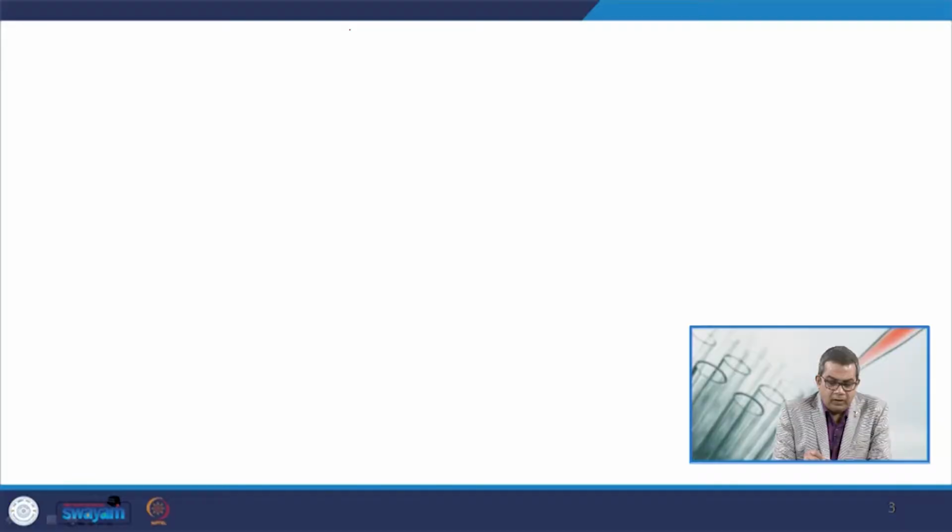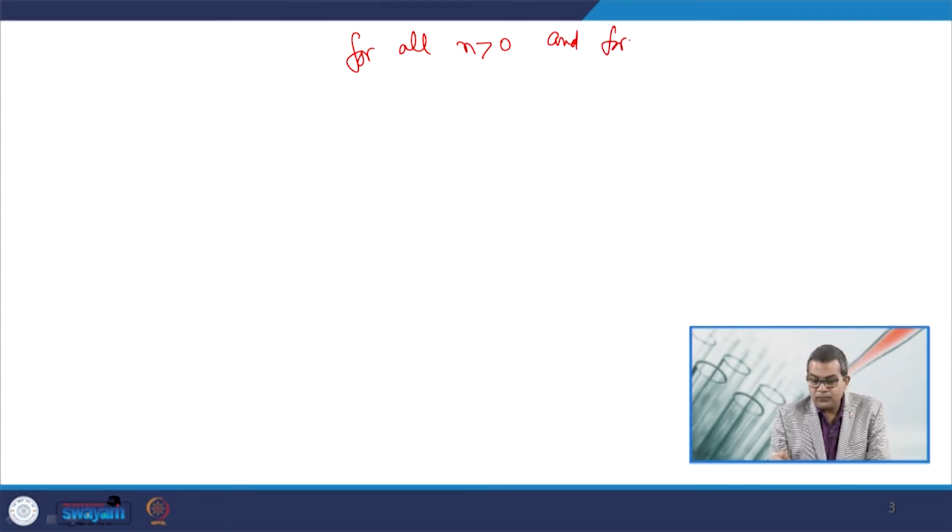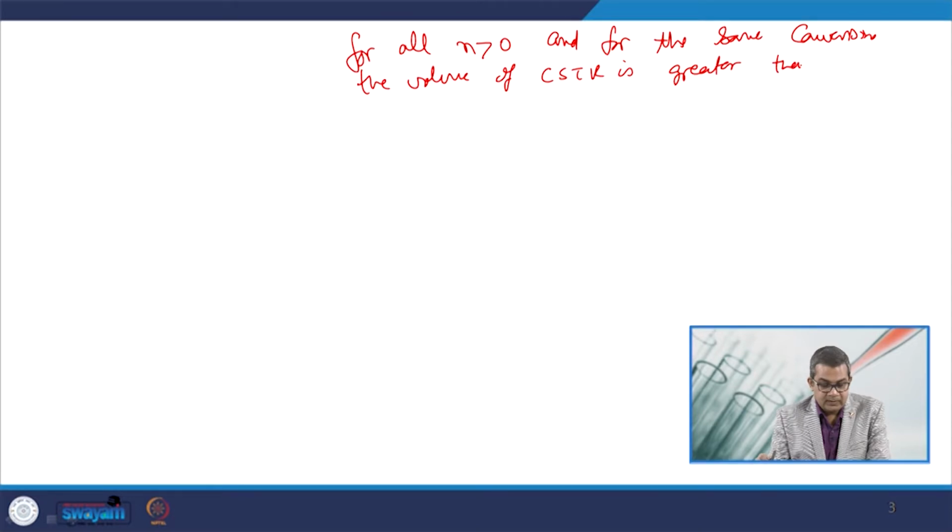Let us have a look at this pictorial diagram. For all positive order reactors and for the same conversion, the volume of CSTR is greater than the PFR.